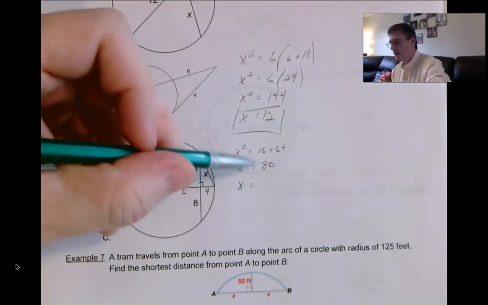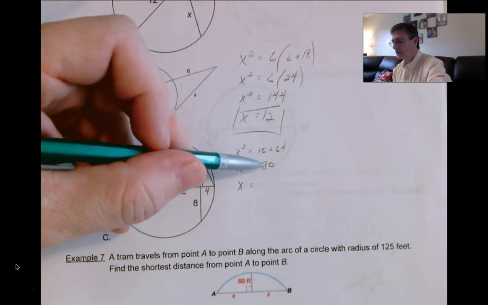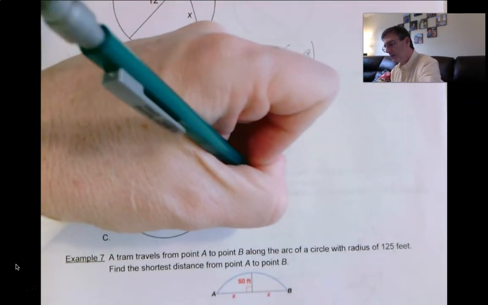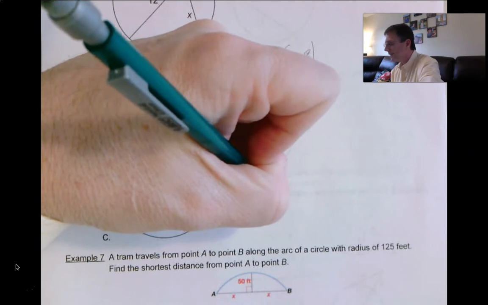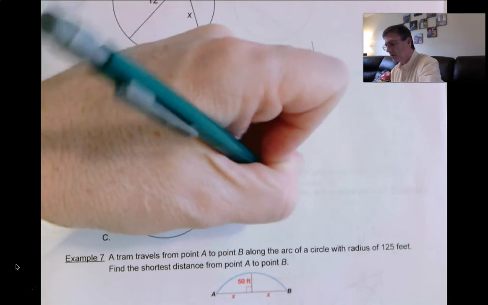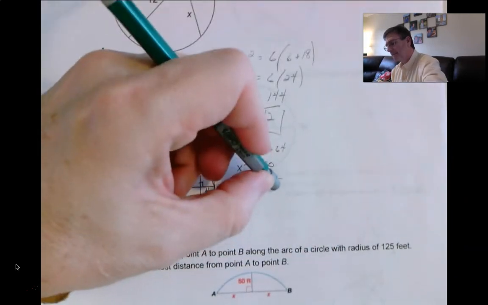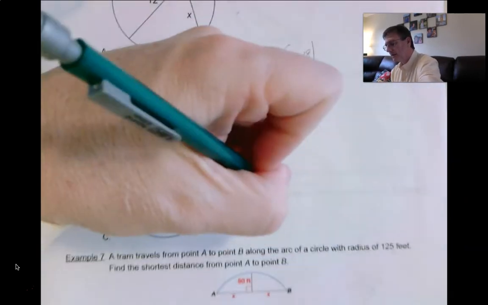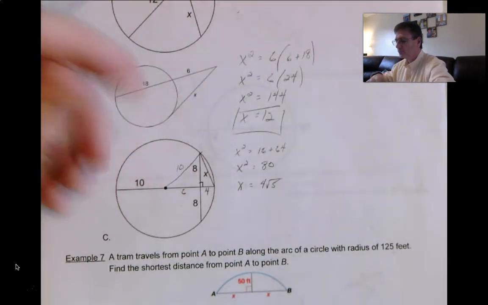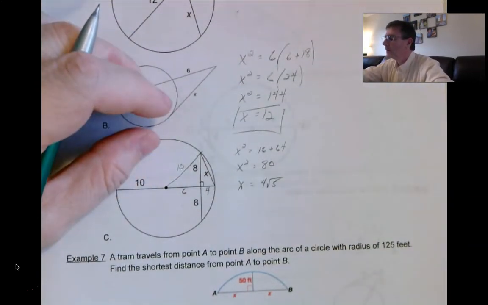So let's see what we got. 2 times 40, 2 times 20, 2, 4 square root 5, I think. I'm trying to do it in my head. Probably shouldn't. Square root of 80.